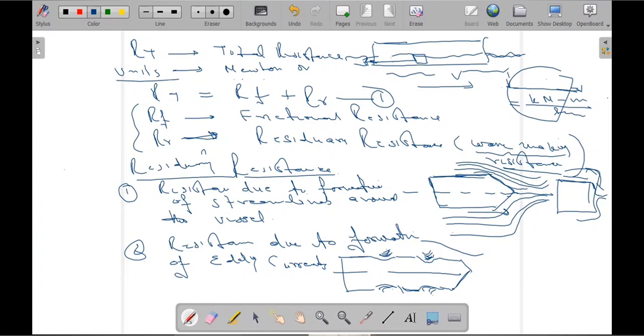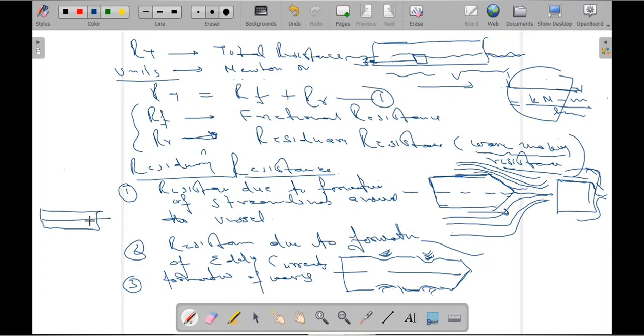Then the third one is formation of waves. Now what waves are we talking about? Again, I will be looking at the end view, just like we saw in the first one.